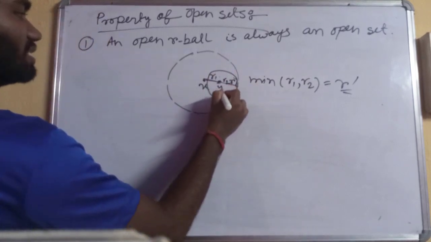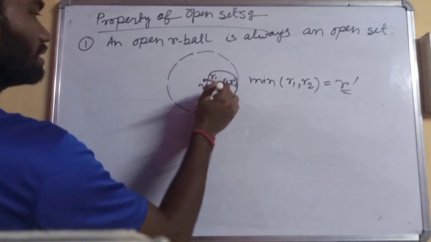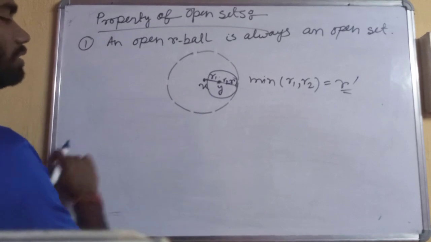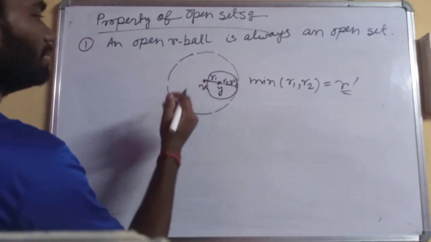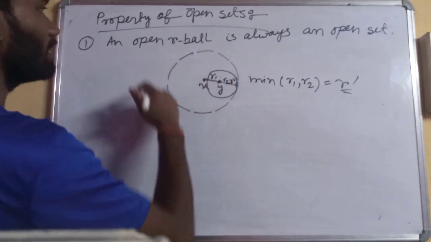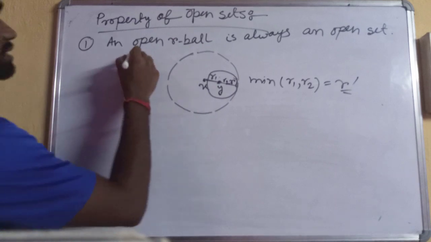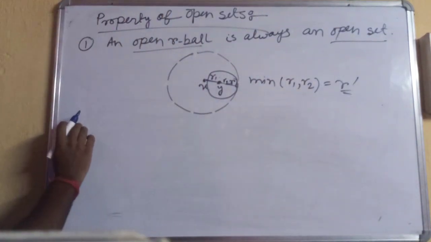This y is arbitrary, so we can take any point in this open r-ball and make an open ball entirely contained in the previous r-ball. So this open r-ball is an open set by the definition.